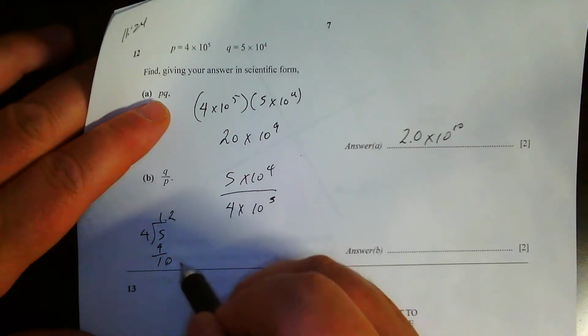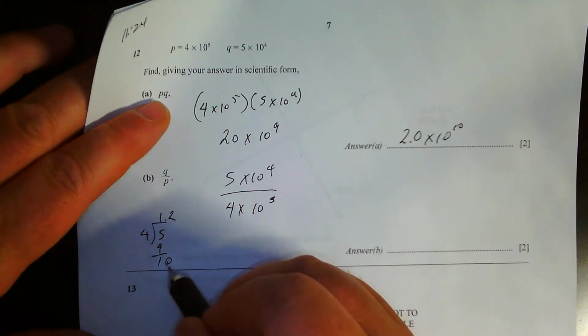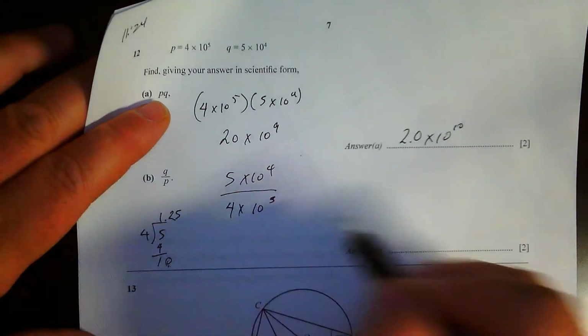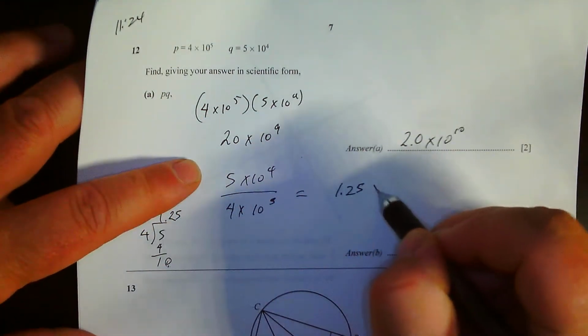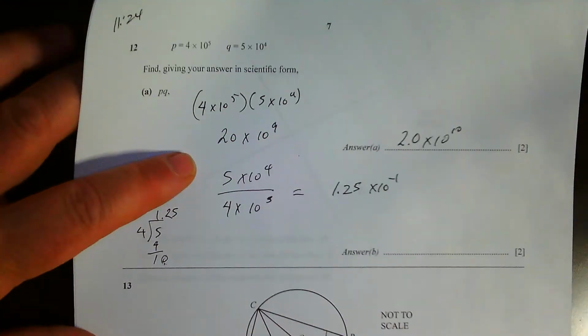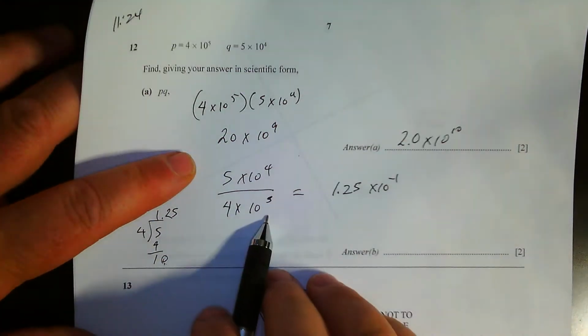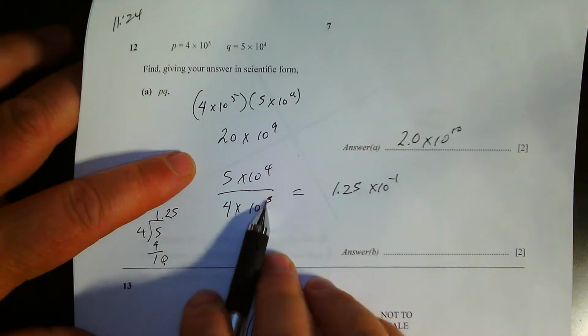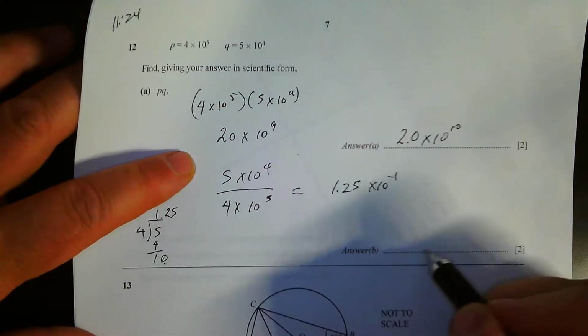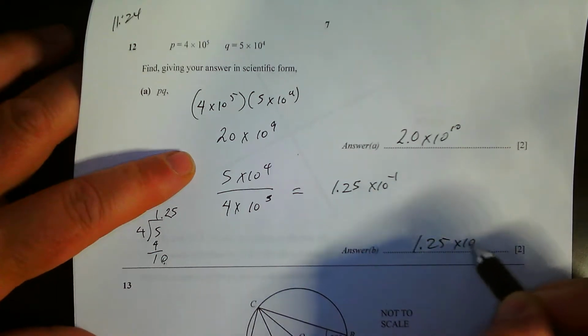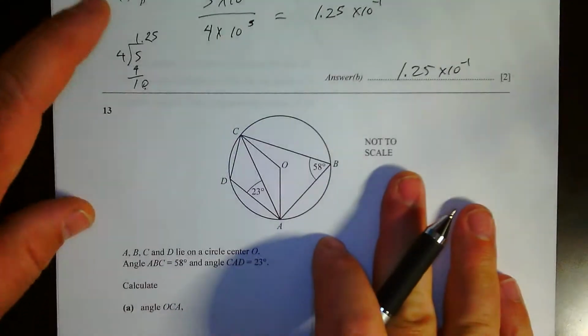Okay, 2 and then 8, 2, yeah, 1.25. I got it right. Okay, so this is 1.25 times 10 to the negative 1. You see? 10 to the negative 1. Because you subtract those and you get, yeah. So I think this is it right here, 1.25 times 10 to the negative 1. All right, well, let's roll with this one.